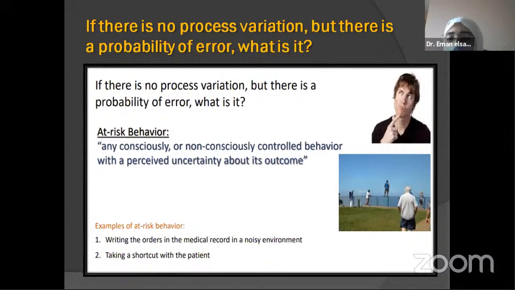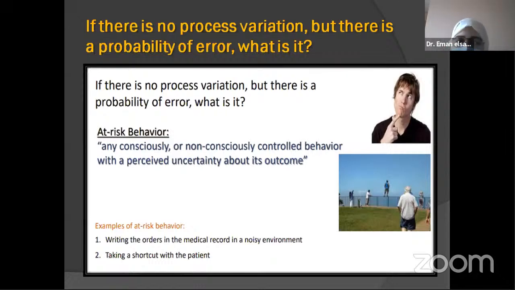There is a risk of falling down from this wall. But if there is no variation in the process but there is a probability of error, this is called at-risk behavior. So, at-risk behavior is any consciously or non-consciously controlled behavior with a perceived uncertainty about its outcome. So the risk or error may reach him or not.